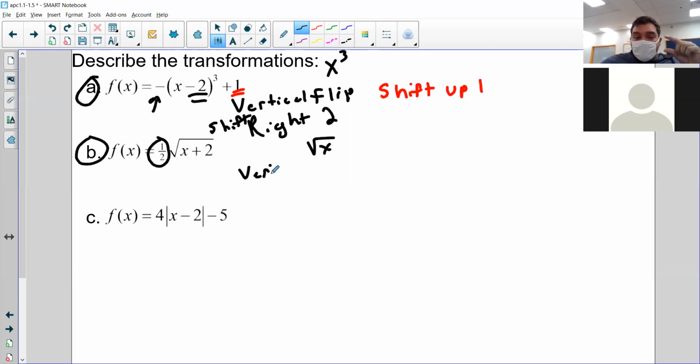So it's a vertical, I should say, shrink of a half, or by the ratio half, or by a ratio 2, depending on how you want to say it. Also, inside the function, there's a +2. Remember, inside the function, you have to think it kind of reverse. So it's going to be shifting to the left 2.